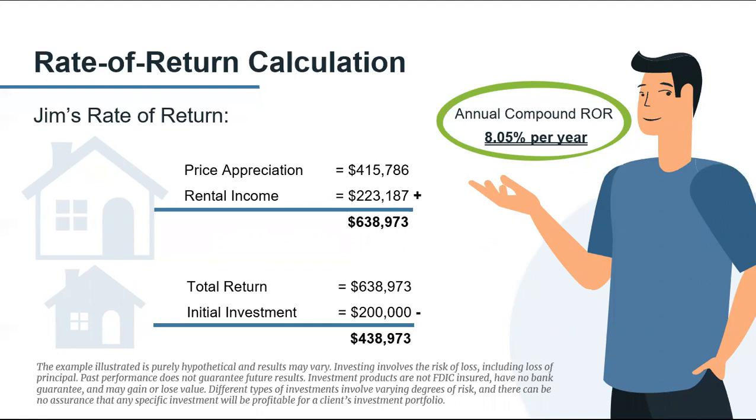So now we're getting pretty close to the stock market. In fact, we got a little bit over it. So it shows you that real estate is on par with investing in stocks. And so it's a great place to diversify, not only for the rate of return, but also because of the lower volatility that it provides to you as well.